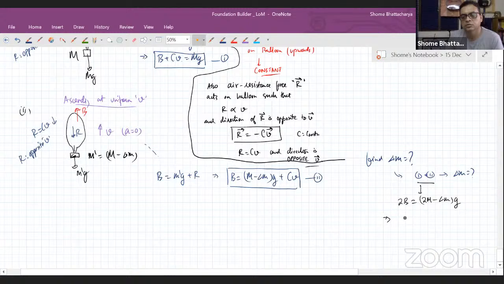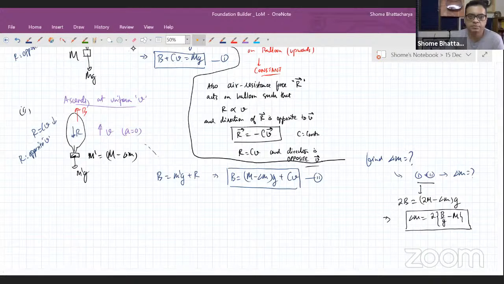So delta m will become 2 times b by g minus capital M. This kind of result we'll get. Oh, sorry, the other way around. M minus.